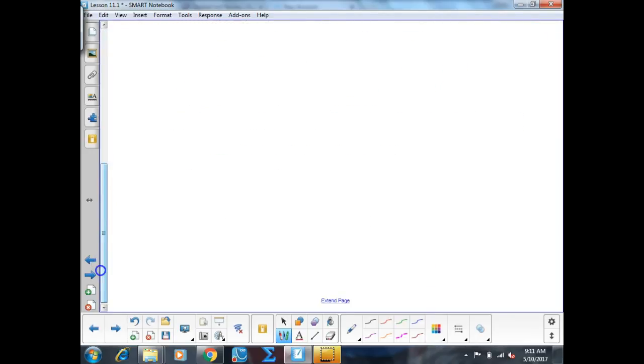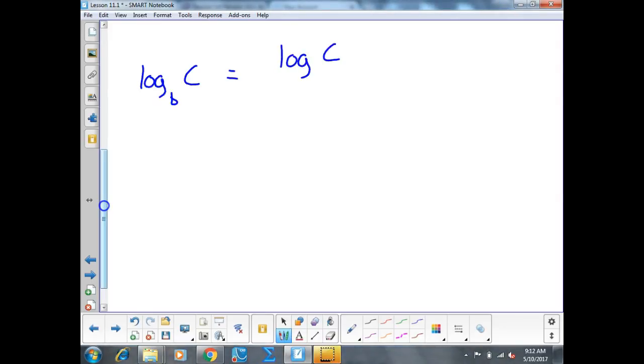Log base B of C is going to be either the log of C divided by the log of B, using common logs, or the natural log of C divided by the natural log of B. And then you can use your calculator to figure that out.